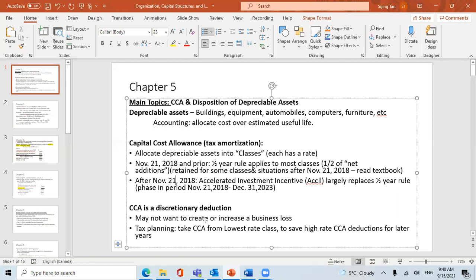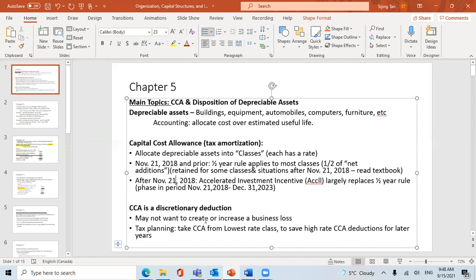We emphasize that the business calculates the max CCA. A business can claim from 0 to the max if the company wishes to take some of the CCA, but not the max. This comes from our tax planning strategy. The tax planning strategy advises taking the lower rate of CCA and leaving the higher rate for a future beneficial year.